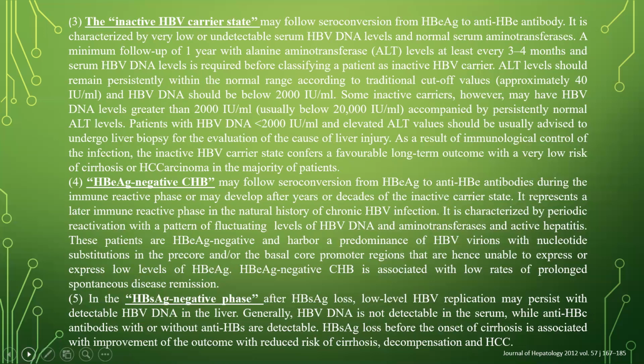HBs loss before the onset of cirrhosis is associated with improvement of the outcome, with reduced risk of cirrhosis, decompensation, or appearance of hepatocellular carcinoma. And I should remind you that HBc antigen is the core antigen in the core of the virus, and HBs antigen is the antigen on the surface of the virus.